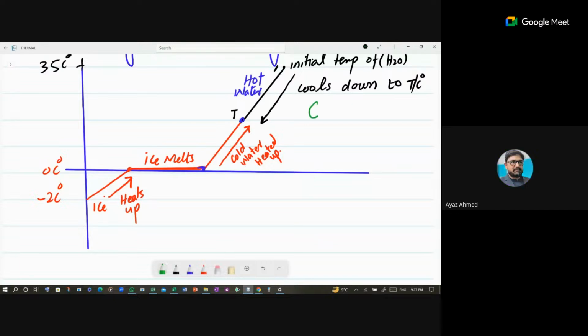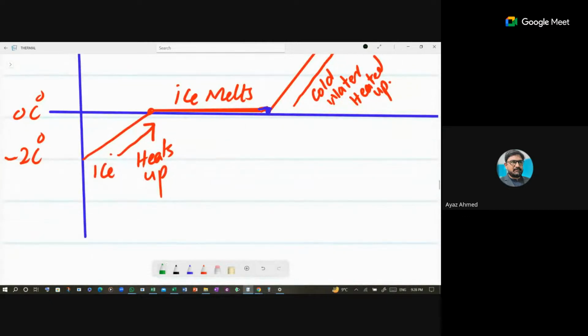Okay, let's say this is your Q1, lost by hot water. Let's say this is your Q2. Let me zoom it a bit. Q2, heat absorbed by the ice.